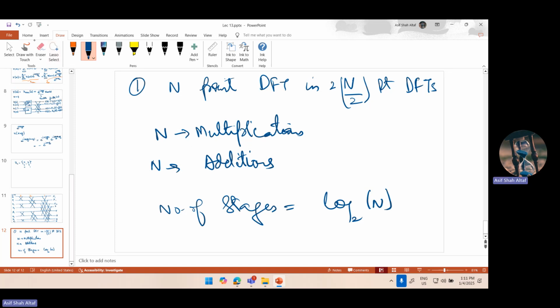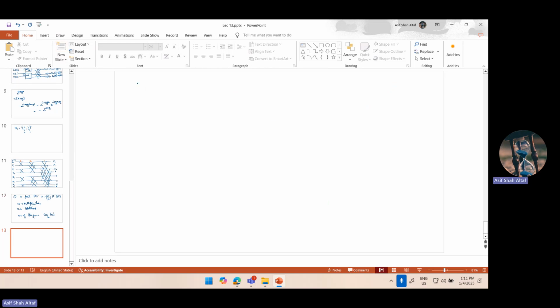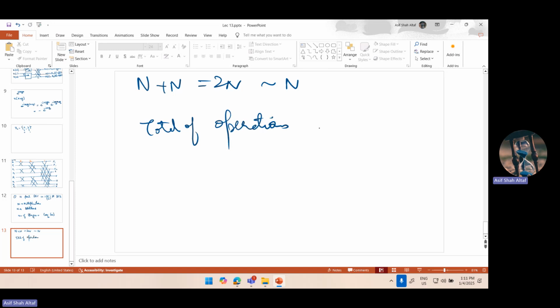If you see the total number of operations, initially you have n multiplications plus n additions, which is 2n, which is still n in the big O notation. So the total number of operations is the number of operations per level into the number of levels.